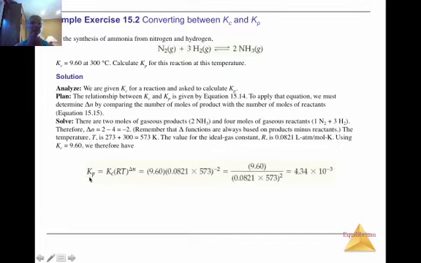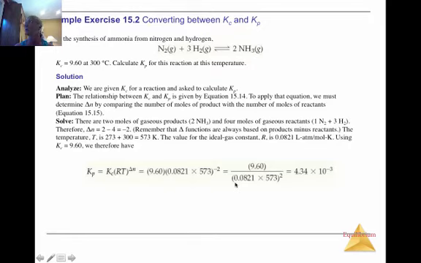The Kp, what we need to solve for, will be equal to the Kc times the gas constant, that 0.0821, they should have put the units in there, times the temperature in Kelvin, so 573 comes from adding 273 to 300 Celsius.